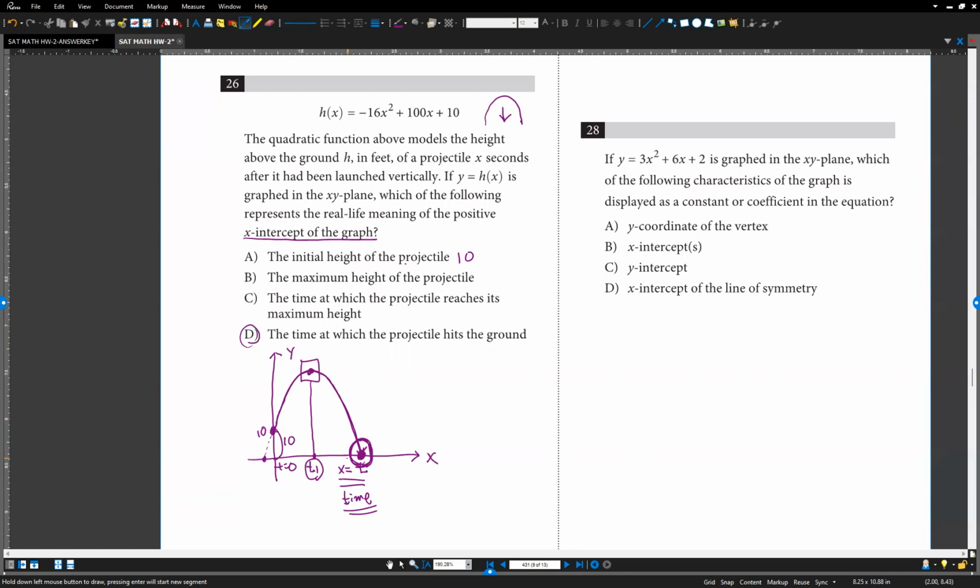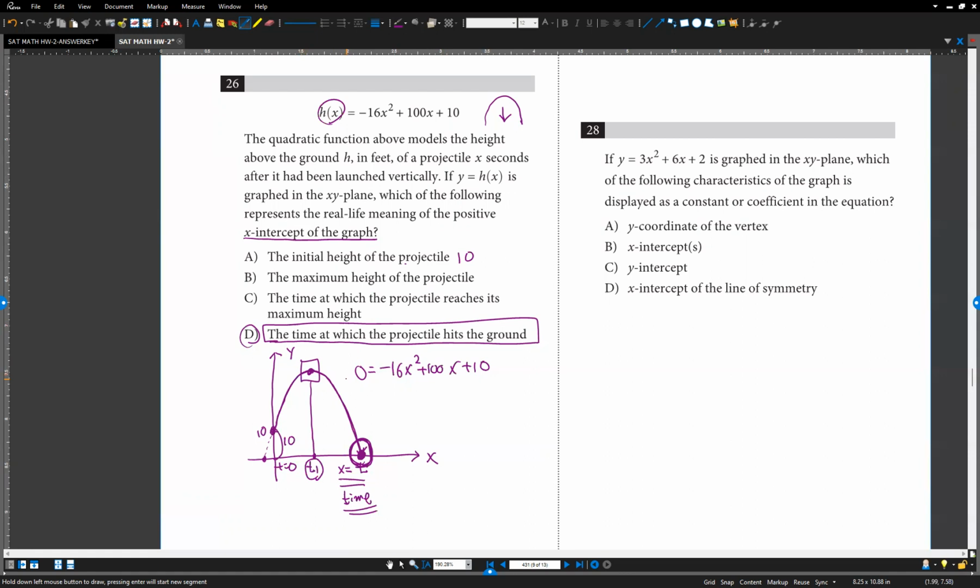If you want to find it from the graph of this one, set this to 0: 0 equals negative 16x squared plus 100x plus 10. Using your calculator, find this x-intercept. Okay, that's the answer. At this time, they're asking you to describe the time at the ground, okay?